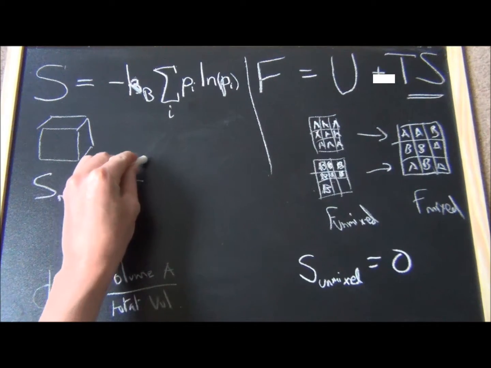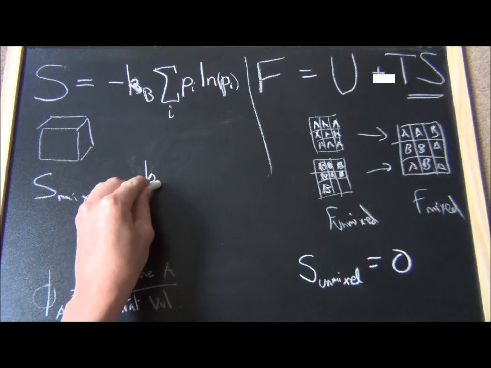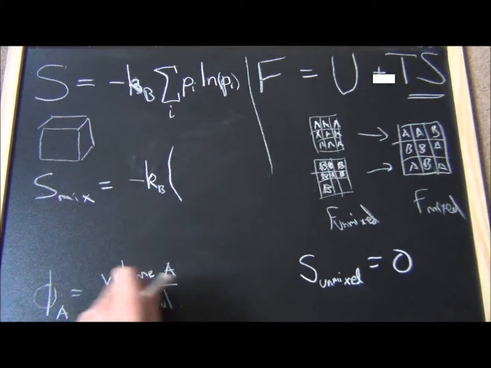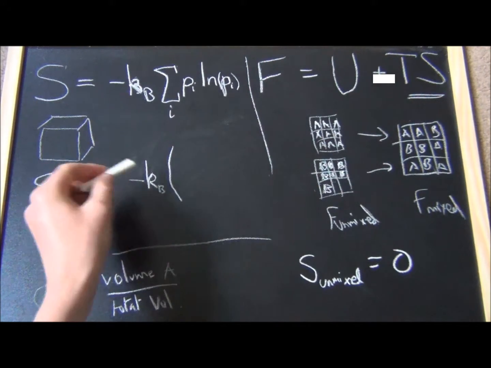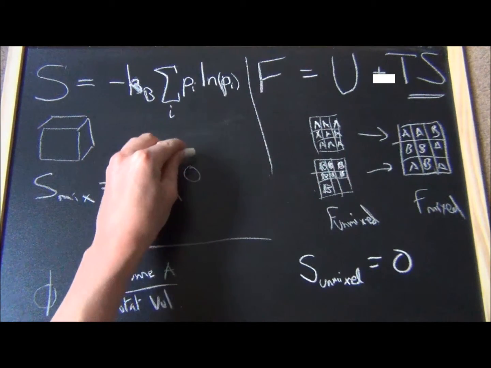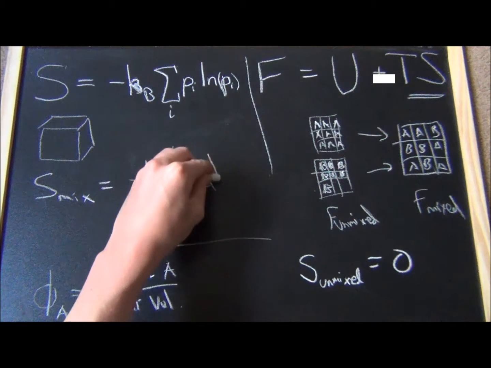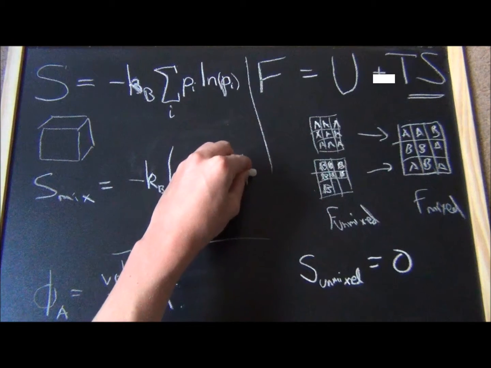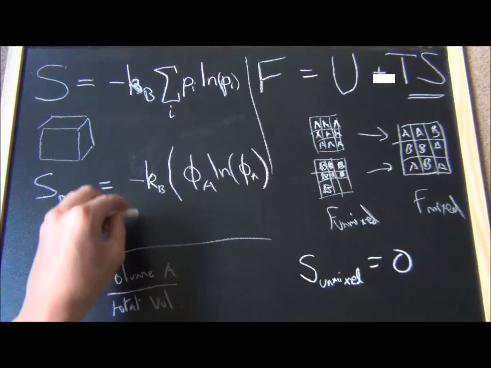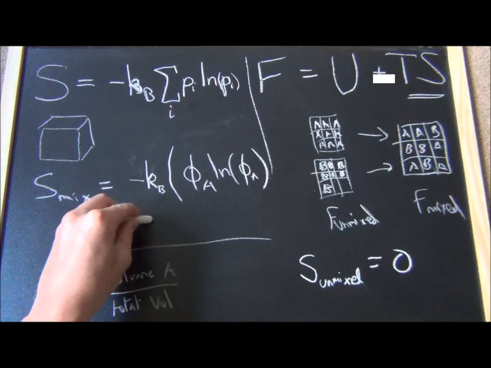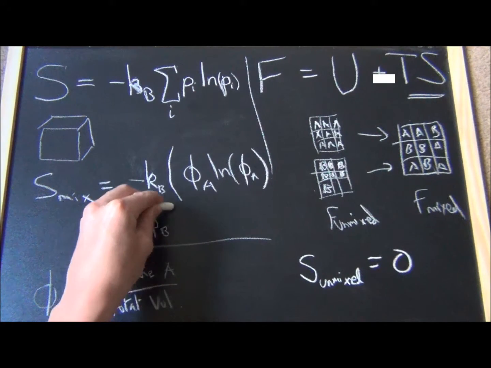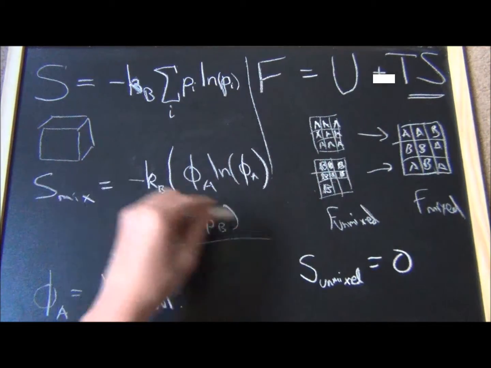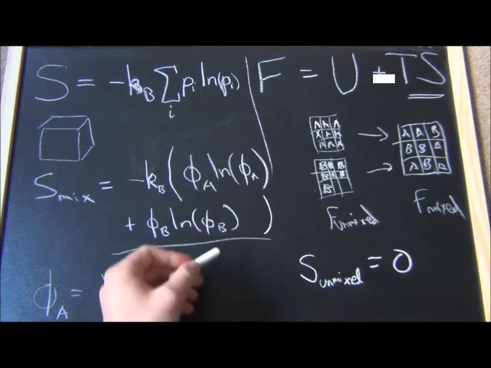It just becomes minus k Boltzmann times a sum, so this may not look very neat, but we'll try: volume fraction for A times log of that, plus volume fraction for B times log of that. Ta-da!